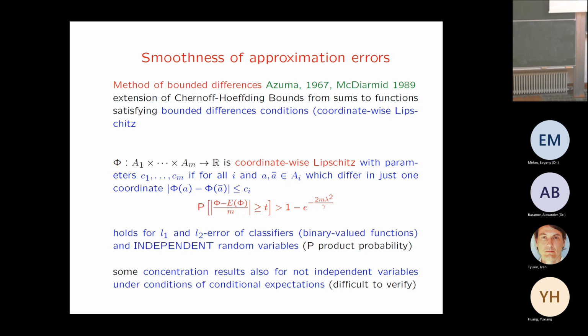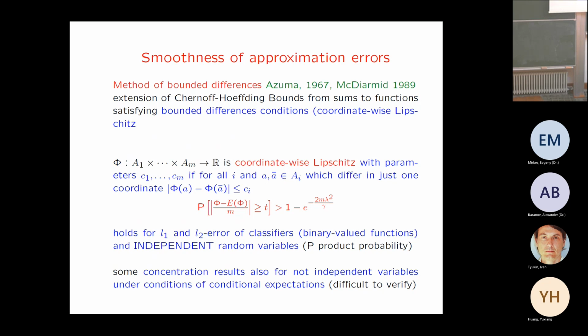McDiarmid's inequality, which is called the method of bounded differences. And basically the idea, and I like to call it a coordinate-wise Lipschitz function, is that if you have a function of random variables, and you change only one of its entries, then the whole function changes by a little, let's say some c_i, but then the sum of squares of those c_i should not be too big, and then we have this kind of bound.